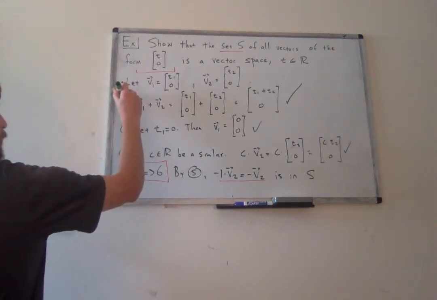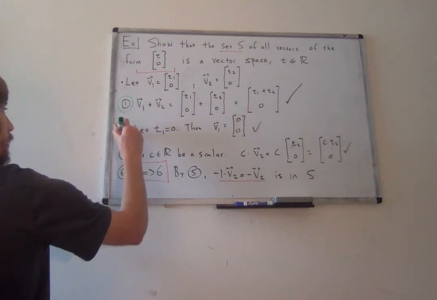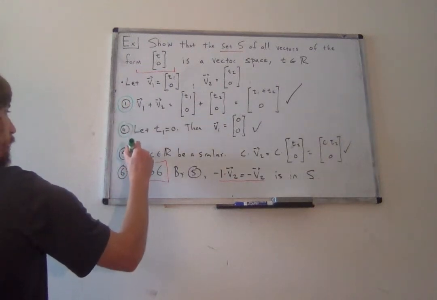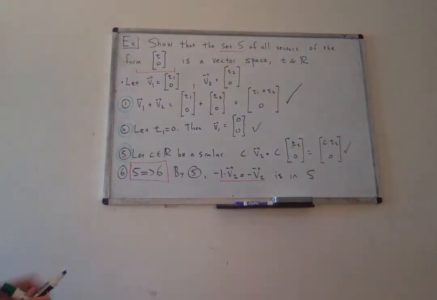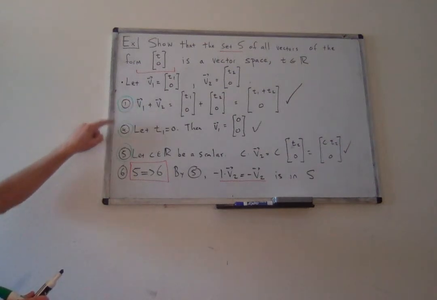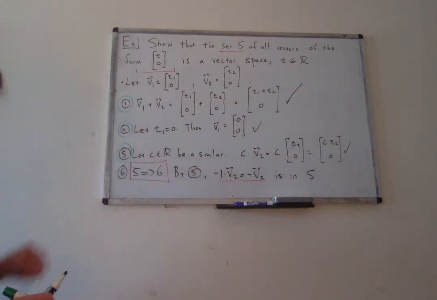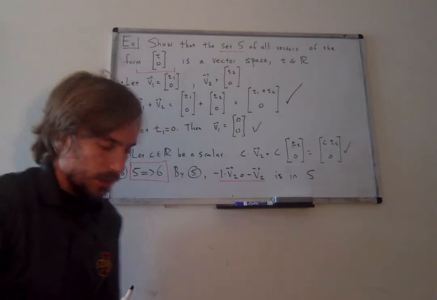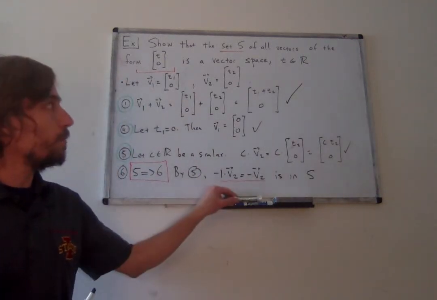That is, if I have a subset of a vector space, I only have to check 1, 4, and 5. That is, closed under addition, contains the 0 vector, and closed under scalar multiplication.